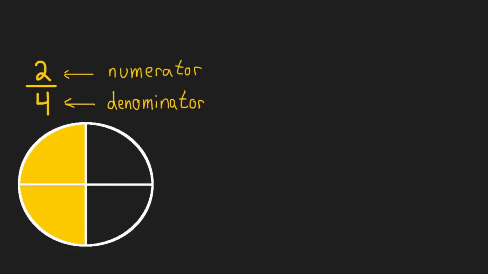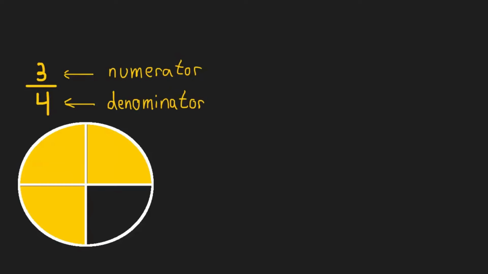If it was a 3, well then quite simply we would have 3 of the 4 pieces. And if it was a 4, well then we'd have 4 of the 4 pieces, or in other words, we'd have 1 whole pie.